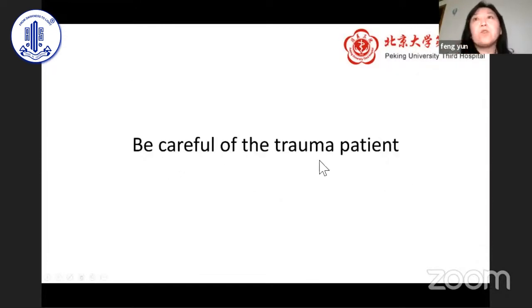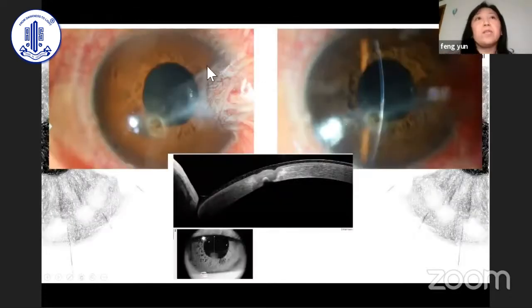But be careful with trauma patients. It's not very stable. This patient had a trauma almost half a year ago, and his visual acuity was not very bad, 0.3, but he complained of sudden vision loss for 1 month. You see it's a little bit fine, and OCT shows the cornea is not very thin.